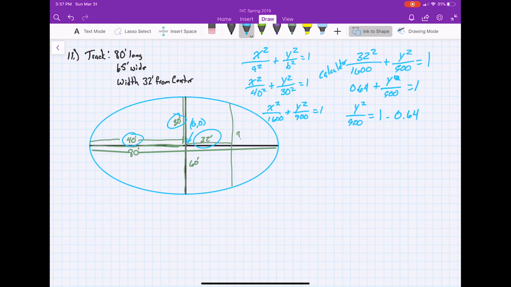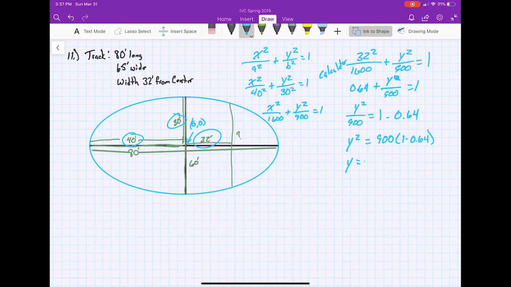Now I'm going to multiply by 900 both sides. That'll get me y squared equals 900 times the quantity 1 minus 0.64. And so then we square root that.